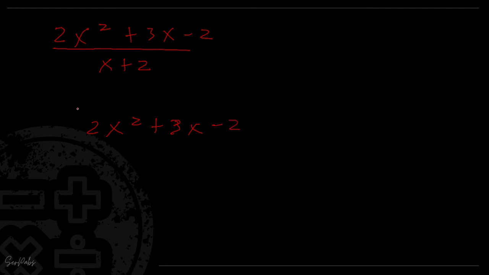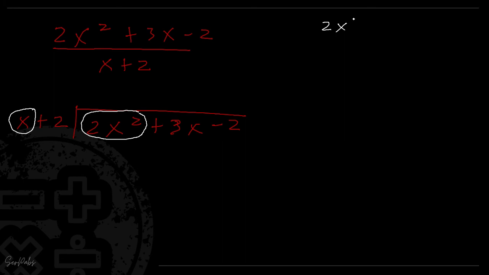So una, kunin yung first term, that is 2x squared. I-divide natin ang first term sa first term lang din. So pag hiniwalay natin yan ay 2x squared divided by x.